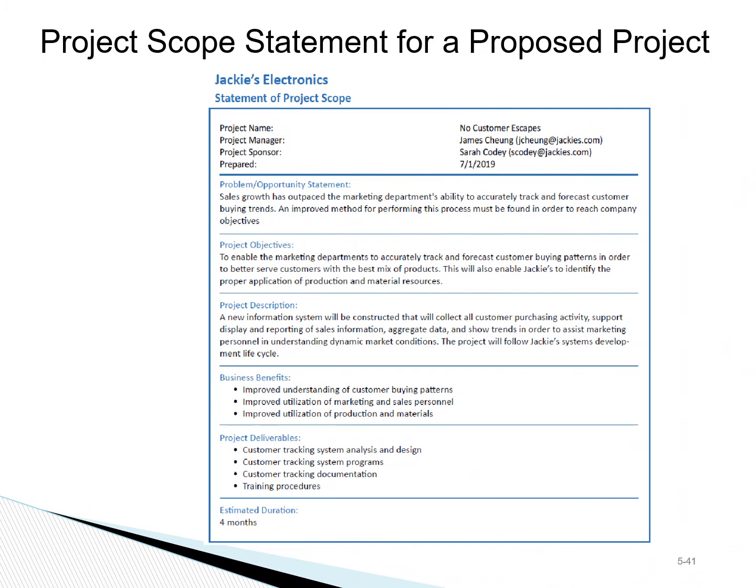One of the key deliverables from scope management activities is the development of a scope statement. This is a statement that outlines the problem or the opportunity that the project is addressing, its objectives, its descriptions, the benefits, as well as its deliverables.